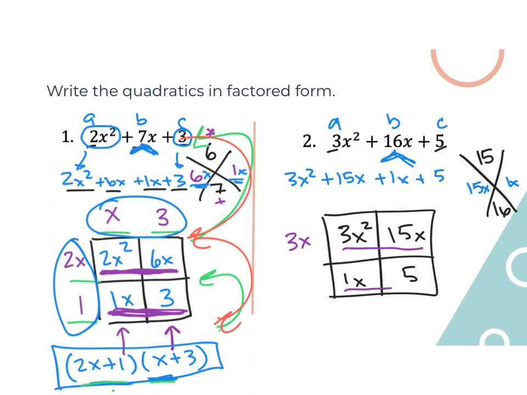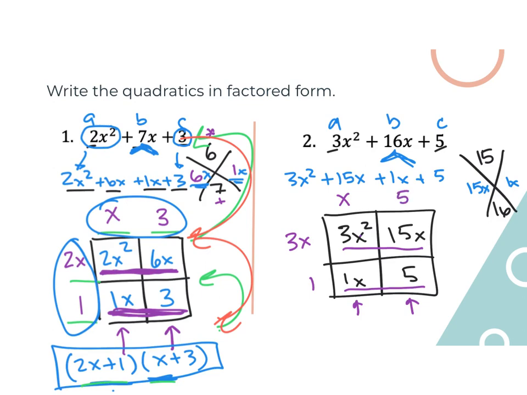The GCF of 1x and 5 is just a 1. There's nothing that comes out of 1 and 5, and there's no x with the 5, so all I have there is a 1. Now let's look at the first column. 3x squared and 1x, that's going to be an x. And the second column, 15x and 5, is a 5.